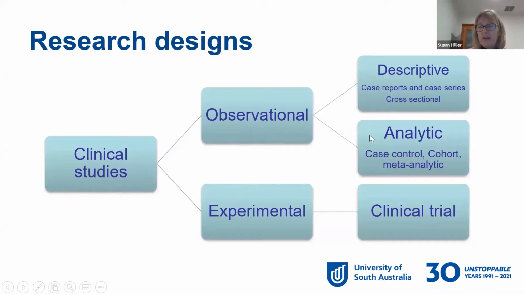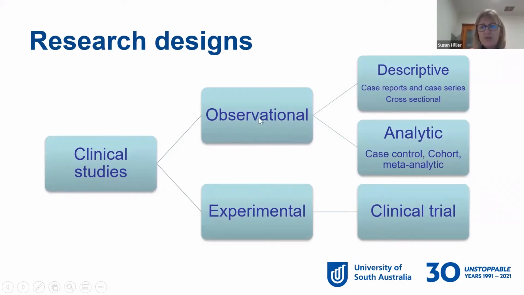If there is, however, analysis, and it's not simply describing the data that we've collected, then the methods or the design that we use will include classically case control or cohort or meta-analytic studies. On the other hand, if our study design is experimental, where we are having some intervention that is not occurring as a natural result of living, for example, then we are using a clinical trial design.